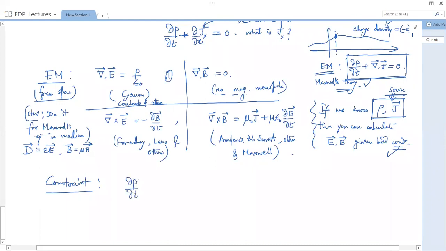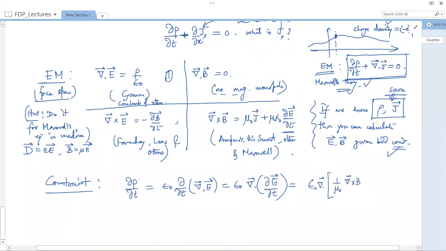So del rho del t is equal to epsilon naught d dt of del dot E, and I can change the order of the derivative, del dot d dt, and I can substitute dE/dt from here, which will be epsilon naught times 1 by mu naught del cross B minus J. So epsilon naught d dt, basically I was substituting this thing.